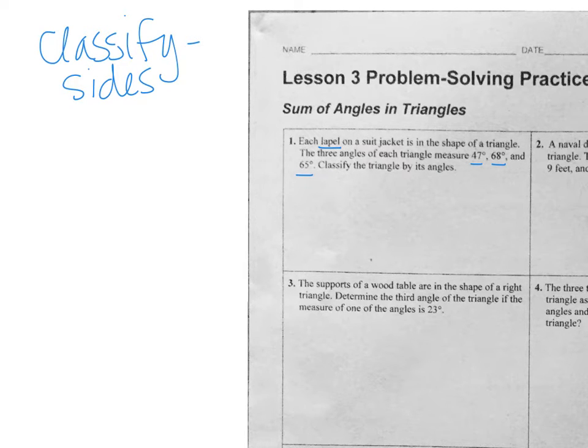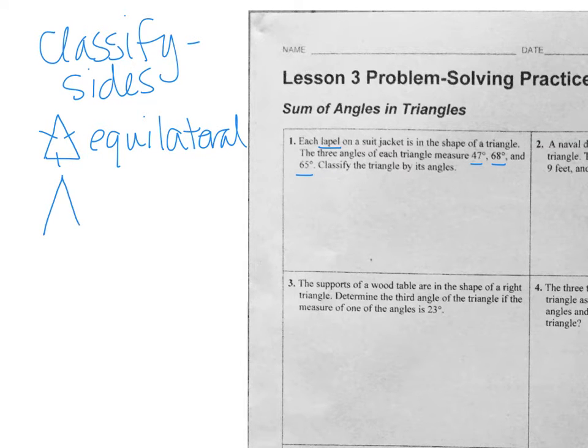If all three sides are the same, we have equilateral. And if two sides are the same, this is isosceles.